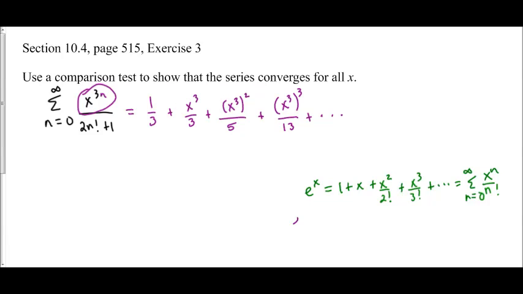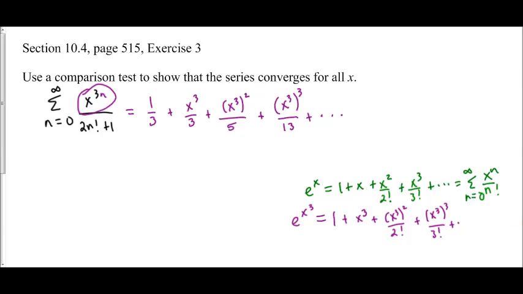So what if we wrote this series for e to the x cubed, which means that everywhere that we have an x, we substitute in an x cubed. So this would give me 1 plus x cubed plus x cubed squared over 2 factorial plus x cubed cubed over 3 factorial.